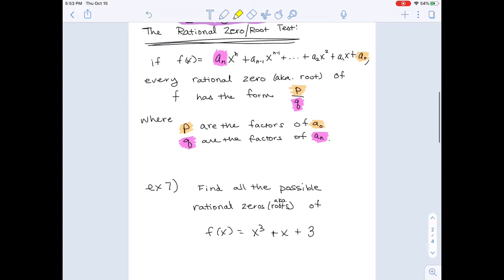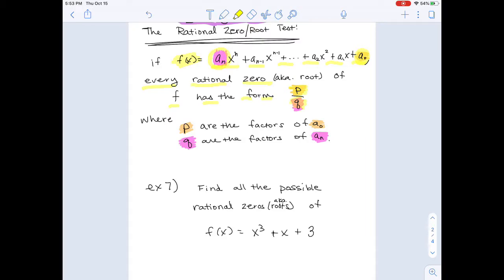All right, then the last one we're going to learn today is the rational root, or the rational zero, test, okay? And here's what it says. If some function f of x, where this is our descending order, what we're really looking at is this coefficient on the highest term and our constant value here, that every rational zero or root of f has the form of p over q.